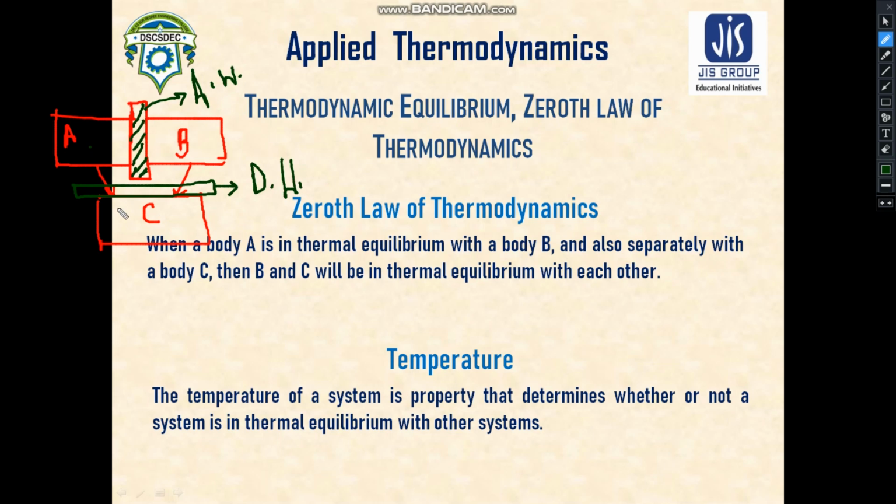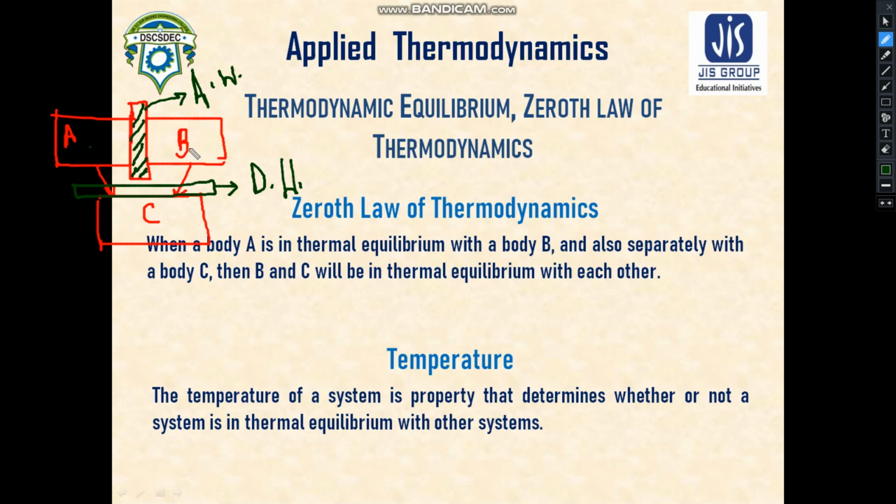So what will happen? Both systems will interact with C, and after some time this system and this system will reach an equilibrium state.